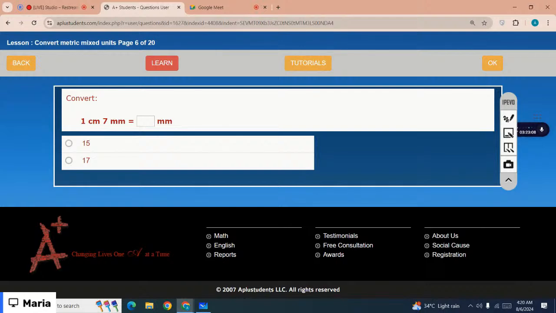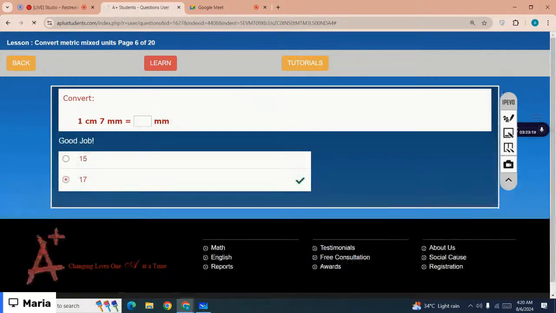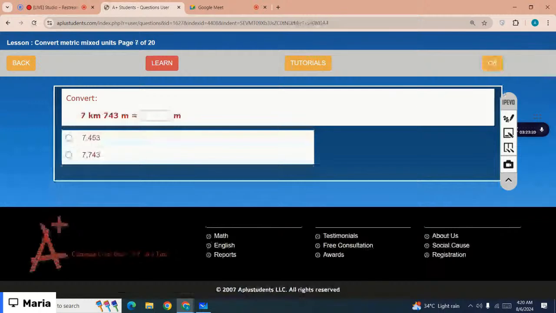Option number 2 is the correct option. Yes, 17 it is. The next one is convert 7 kilometers and 743 meters. So which is the correct option?